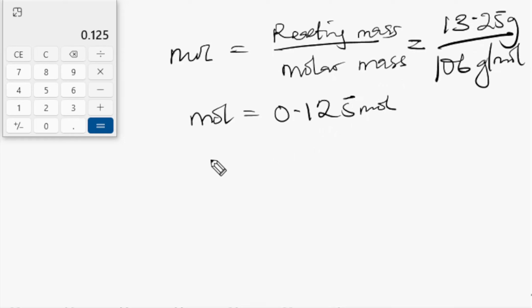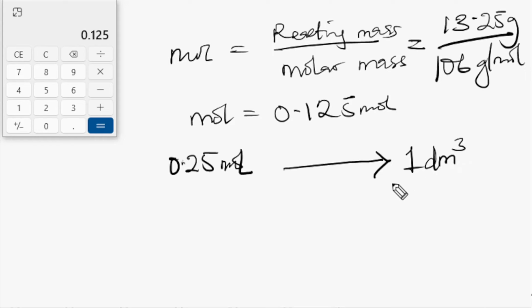So guys, in this situation, just like I told you earlier on, 0.25 moles per dm cube can be expressed as 0.25 mole to contain 1 dm cube. So guys, that's what this means. In 0.25 moles, there is 1 dm cube.